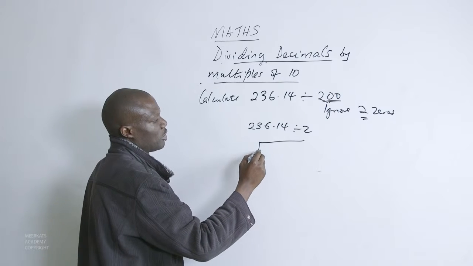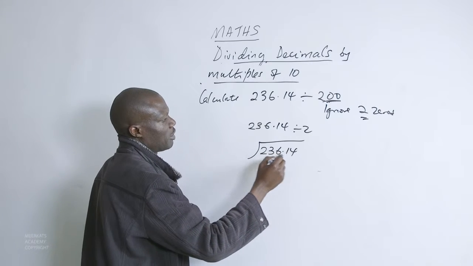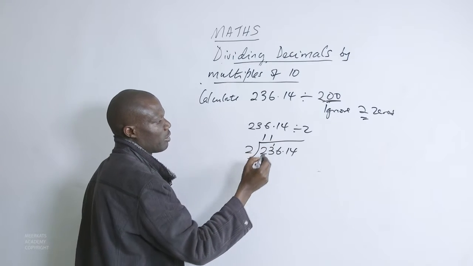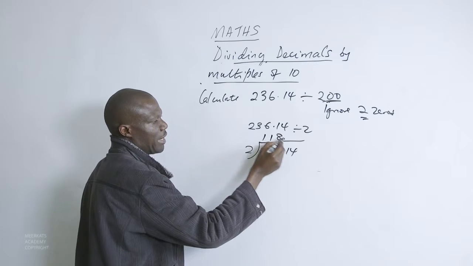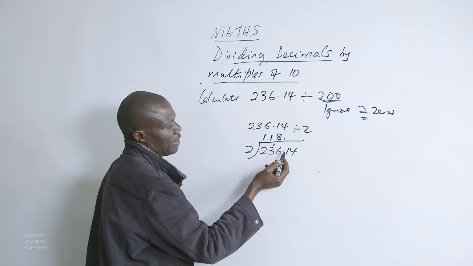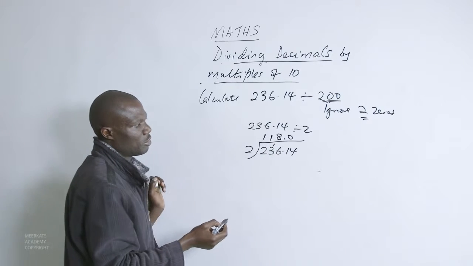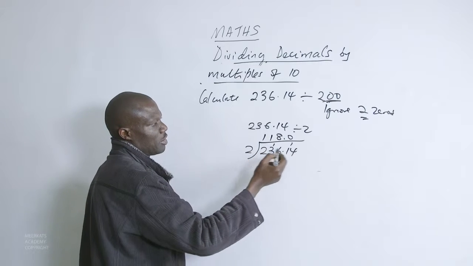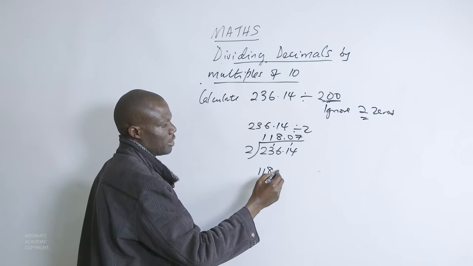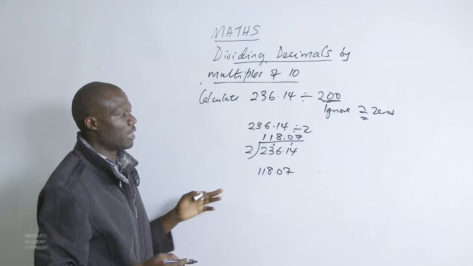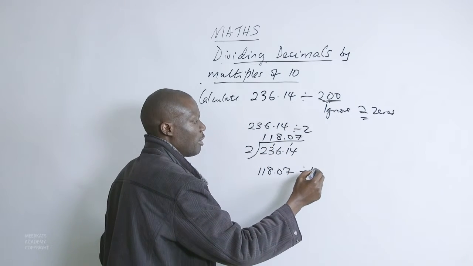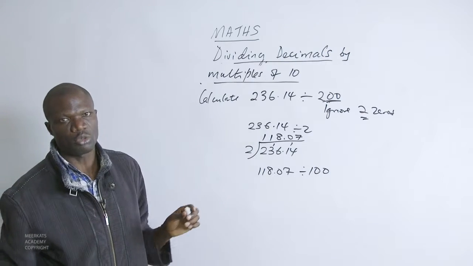So this one becomes 236.14 divided by 2. 2 into 2 is 1. 3 into 2 is 1, carry 1. 16 into 2 is 8. No remainder. Then 1 into 2 can't go, so we put a 0. Carry 1. 14 into 2 is 7. So we have 118.07. But then we have 2 zeros that we ignored, so we are dividing by 100.